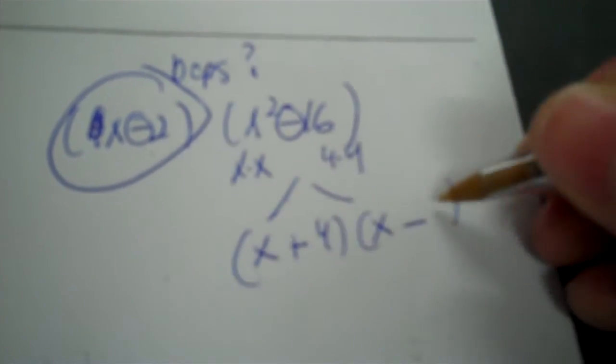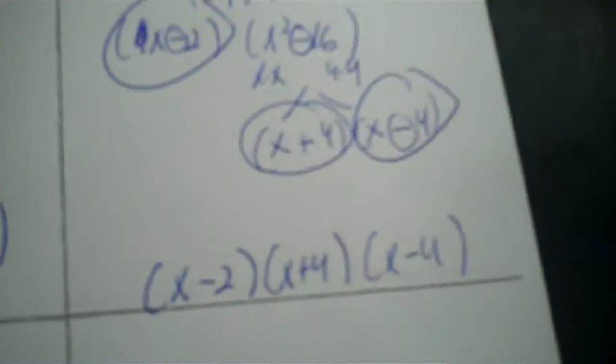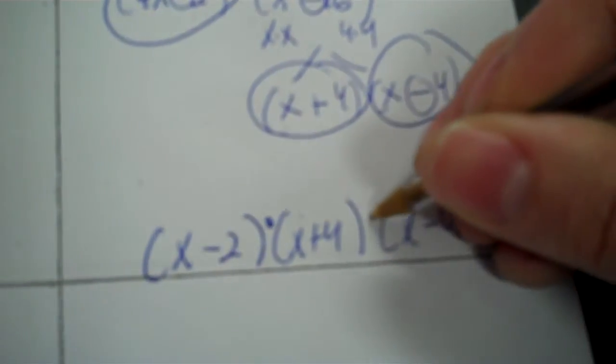That's got a minus, and x times x on the x squared, and then 16 is 4 by 4. So you bet that goes into a DOPS. Plus, minus, so x, x, then 4, and 4. The one with the plus, you drop it. The one with the minus, you just look at it, okay? X doesn't have a power, so we can't factor that now. It's x minus 4. So we got x minus 2 times x plus 4 times x minus 4.